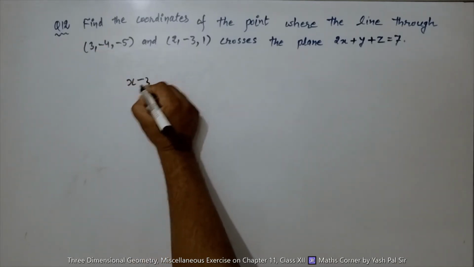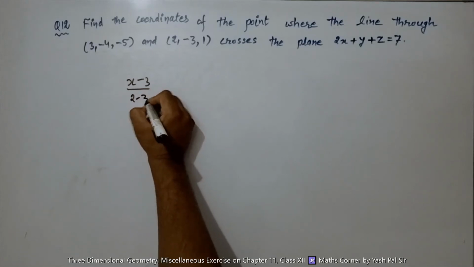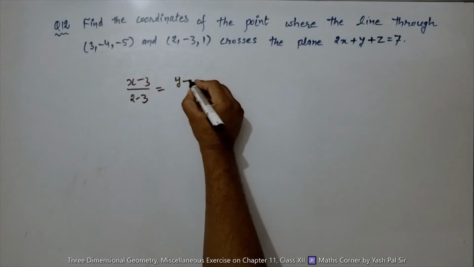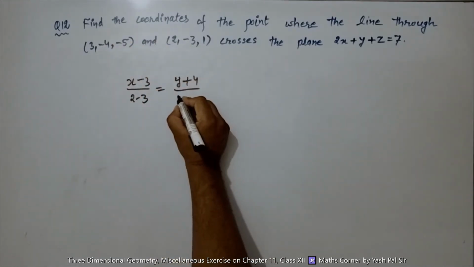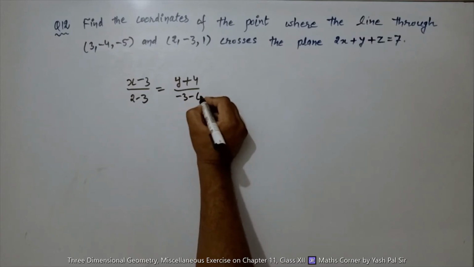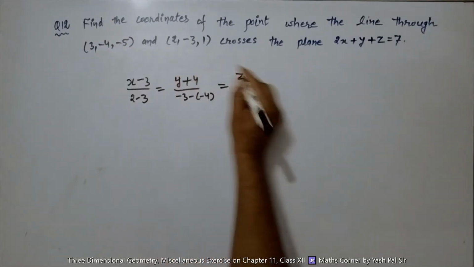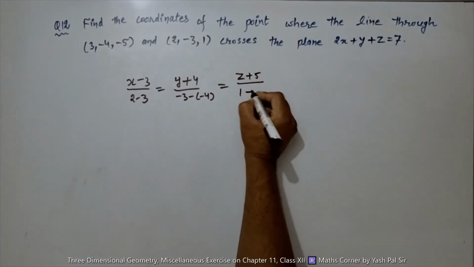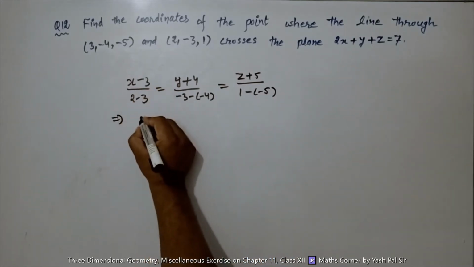That will be (x minus x1) upon (x2 minus x1), x minus 3 upon 2 minus 3, y minus y1, y1 is minus 4, divided by y2 minus y1, minus 3 minus, is equal to z minus z1. This becomes z plus 5 upon 1 minus minus 5.